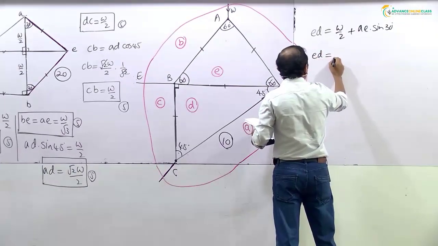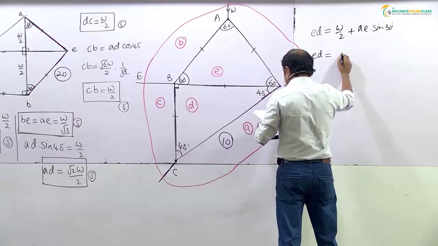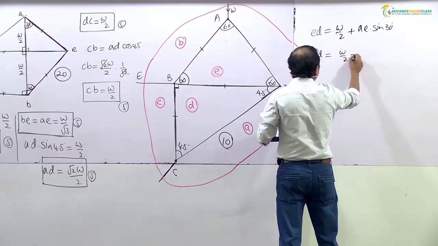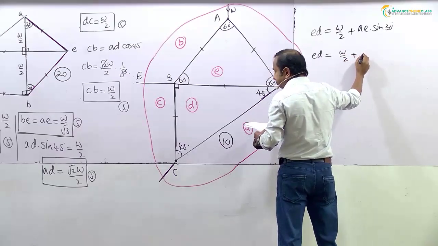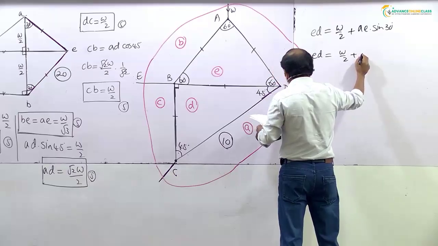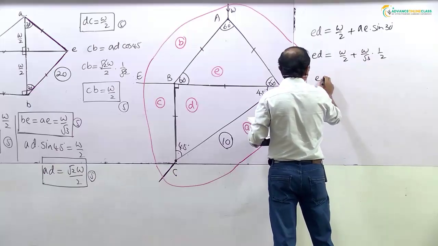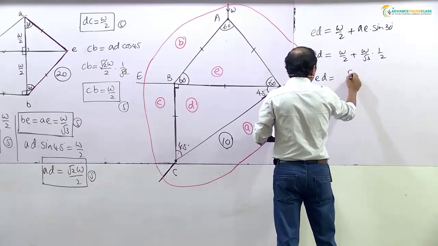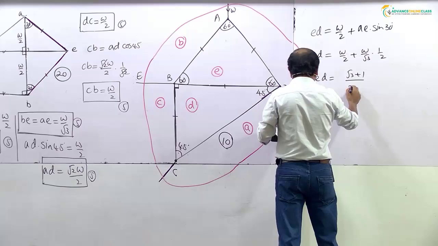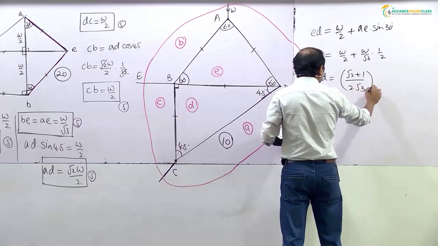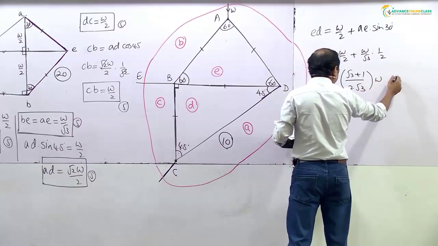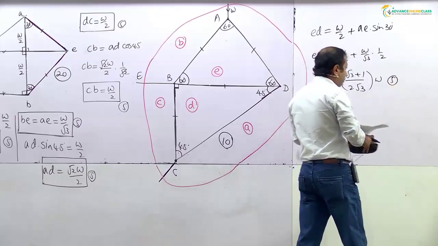Substitute them here and simplify. Sine 30 is half. Then we get ED equals root 3 plus 1 divided by 2 root 3 times W. For this also 5 marks.